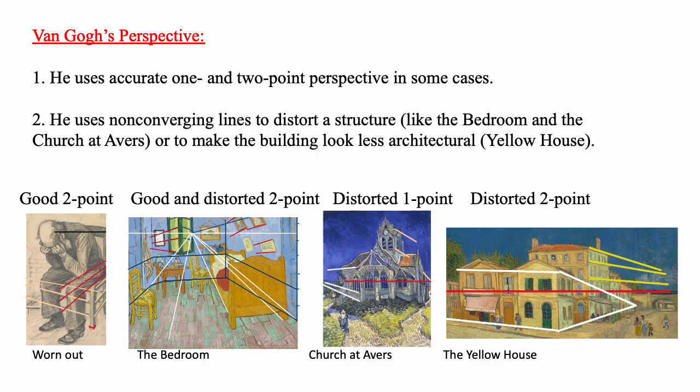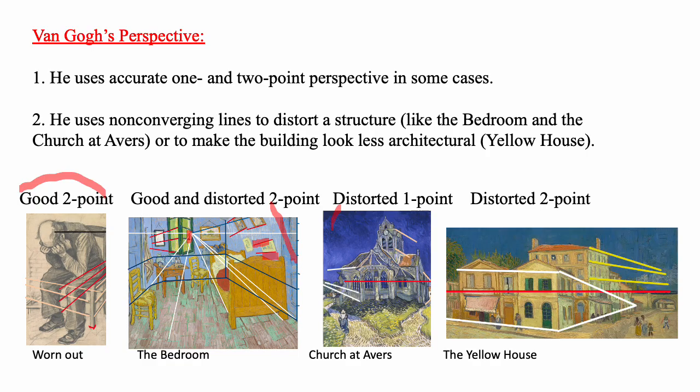I want to tie together what I've said so that we understand when Van Gogh uses perfect perspective and when he distorts it. So he uses accurate one-point perspective in this bedroom scene for the room and the bed. He uses accurate two-point perspective in this drawing, but he uses non-converging lines on these walls to make the wall look like it slants in.